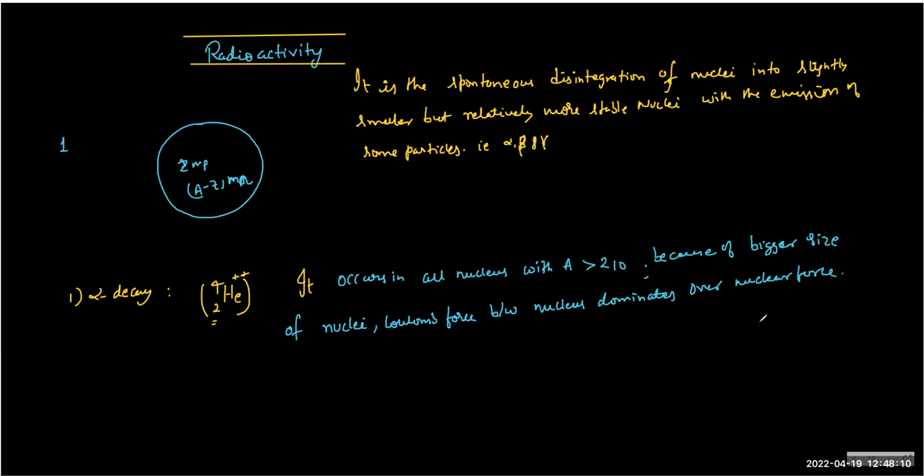So in a bigger size nucleus, the Coulomb force will come into the picture, and the peripheral nucleons will actually be the victim of Coulombic repulsion, and that will destabilize it.